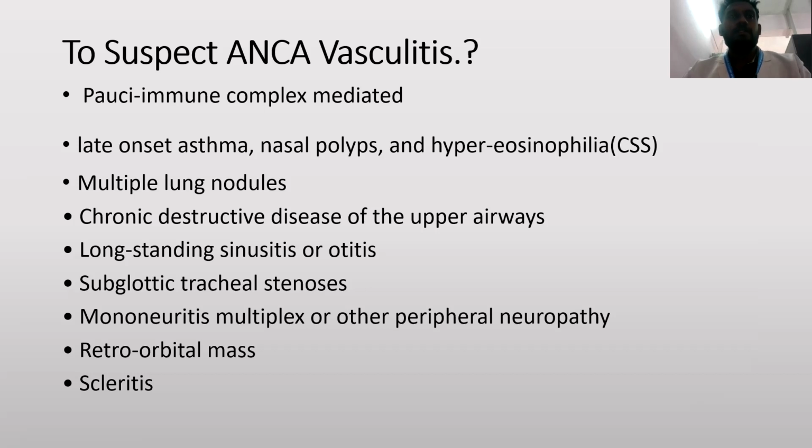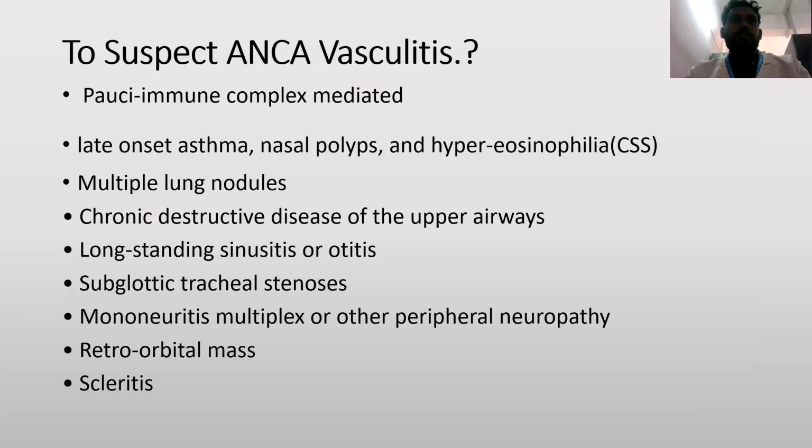The immune complex deposition won't be very obvious like in other immune complex mediated vasculitis. When to suspect these? One thing is if there is asthma, especially late onset asthma, nasal polyps and hypereosinophilia, we can consider a differential of Churg-Strauss syndrome.